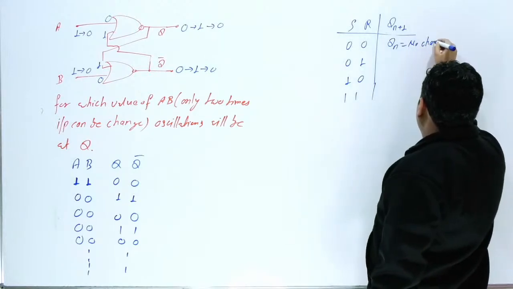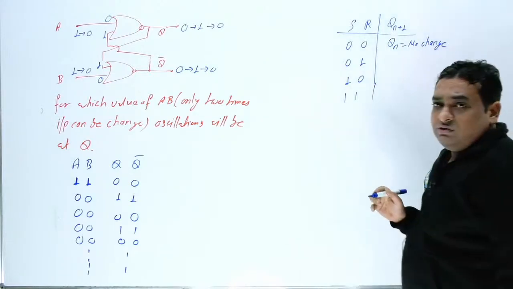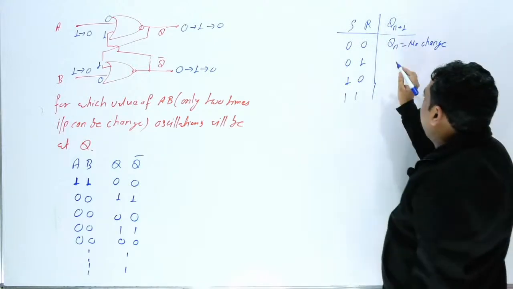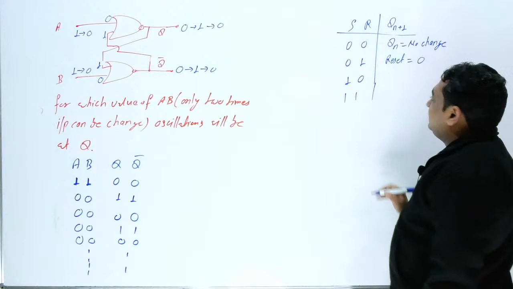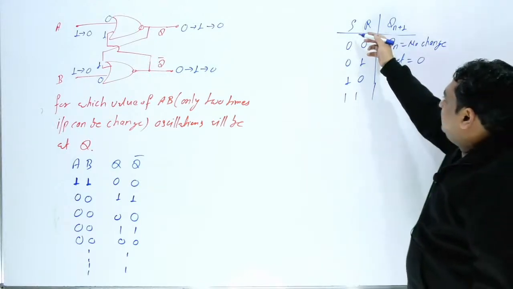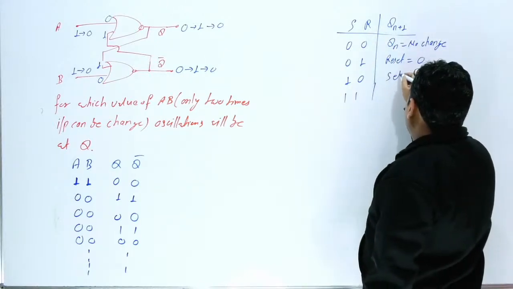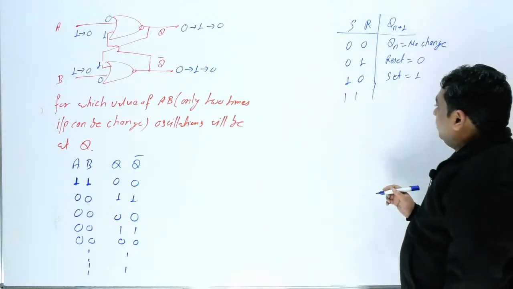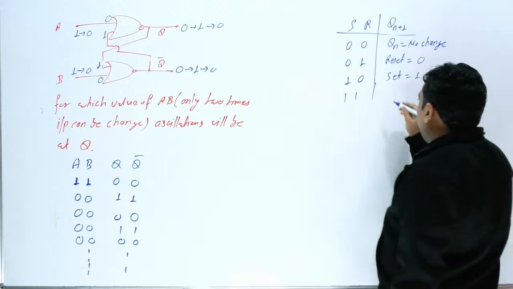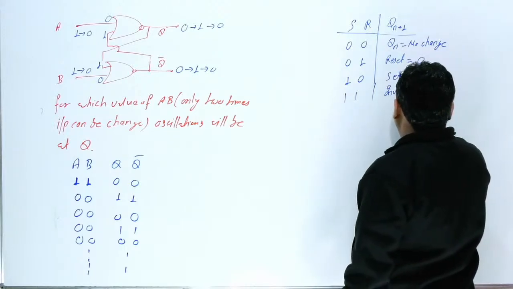For 0 1, reset is 1, so this is reset, and reset means 0. For 1 0, set is 1, so this is set, and set means the next state is 1. Now for 1 1, generally we write invalid.